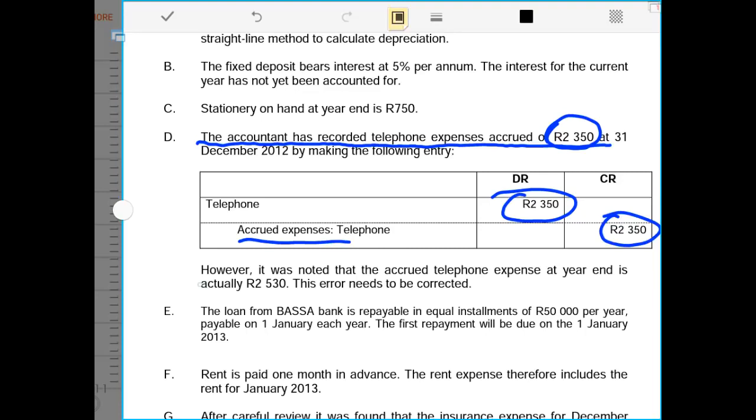Then now we are told below, however, it was noted that the accrued telephone expense at year end is actually 2,530. So now it means it was underestimated.